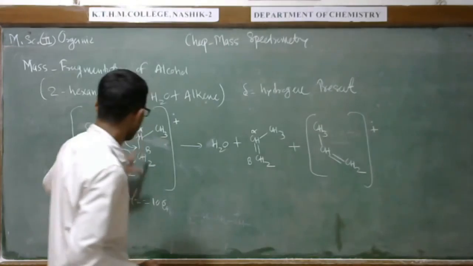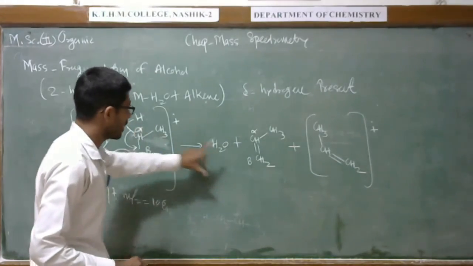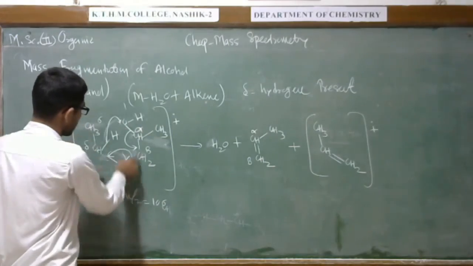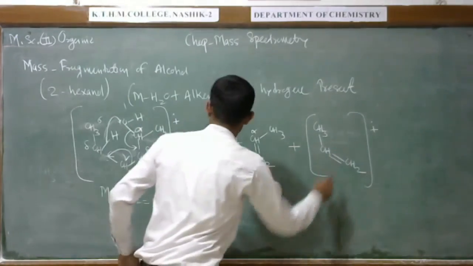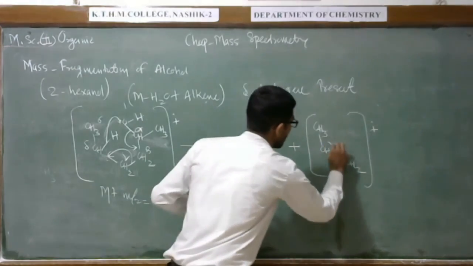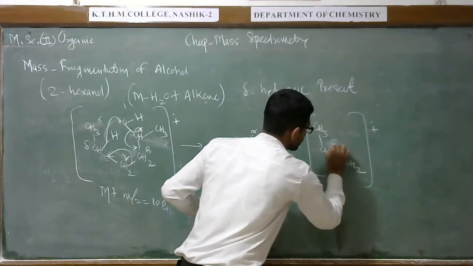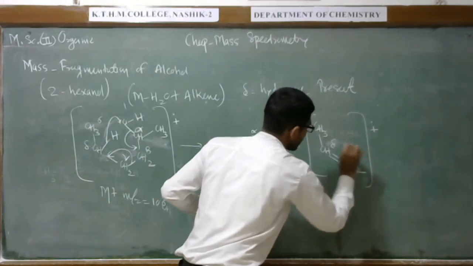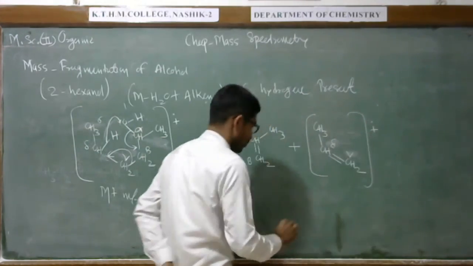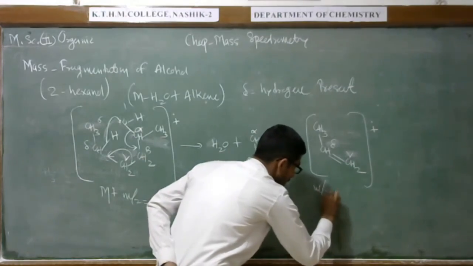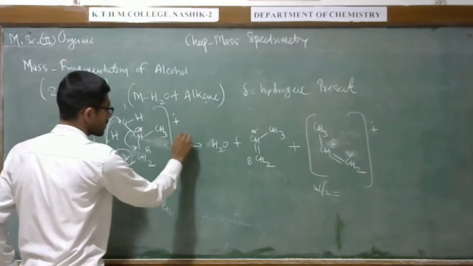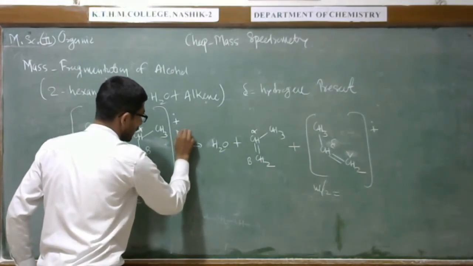So here alpha and beta are from the alkene, this is from the water, and overall we can show the radical positive charge. That is gamma, delta and gamma hydrogen. Okay, so here radical positive charge. We can observe this in the mass spectrum at mass to charge ratio 106 minus 18 as water.